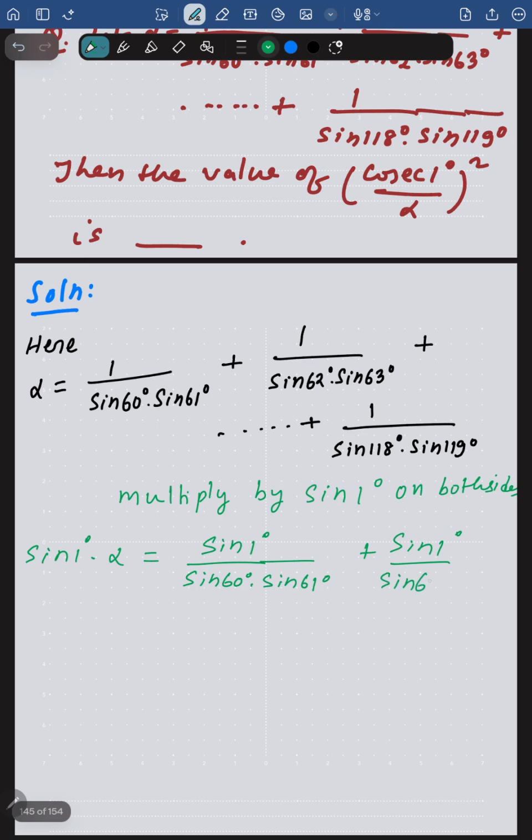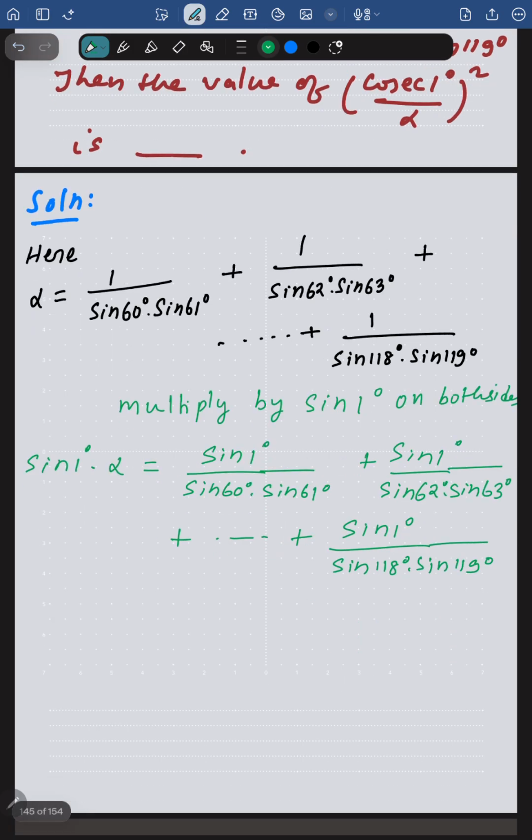So sine 1 degree upon sine 62 degree into sine 63 degree plus ... the last term sine 1 degree upon sine 118 degree into sine 119 degree.